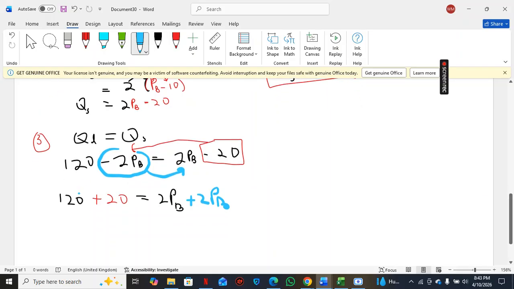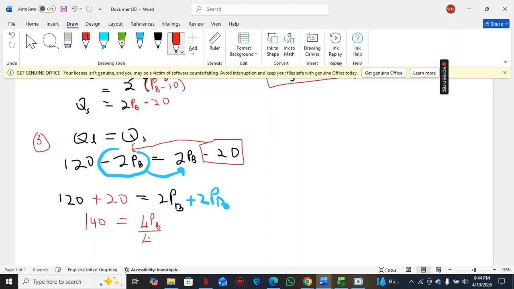So 120 plus 20, that is 140. 2PB plus 2PB, you get 4PB.